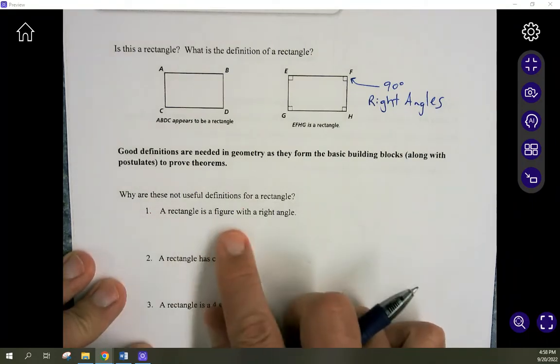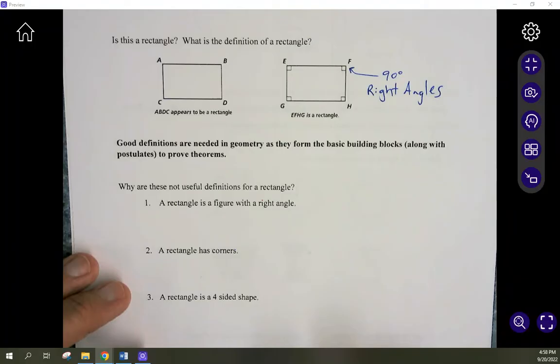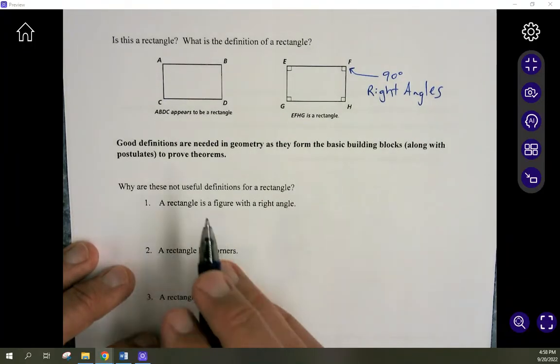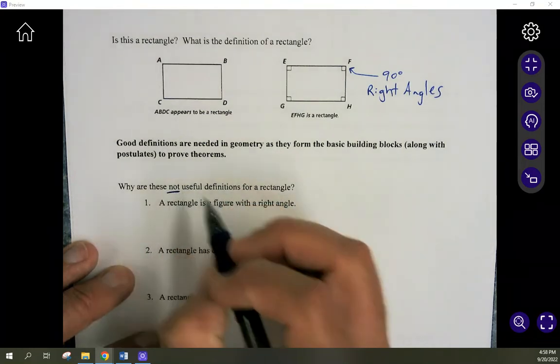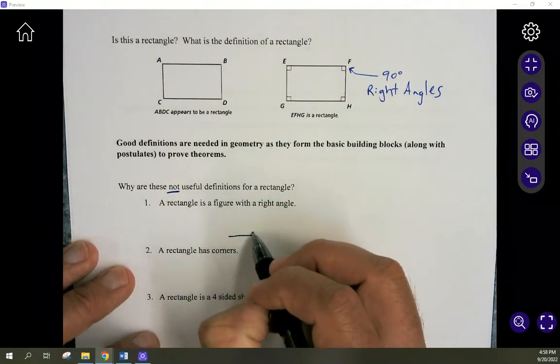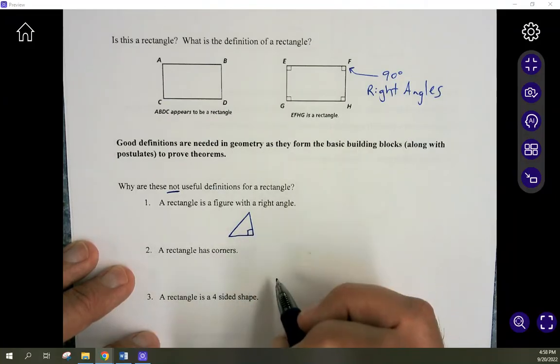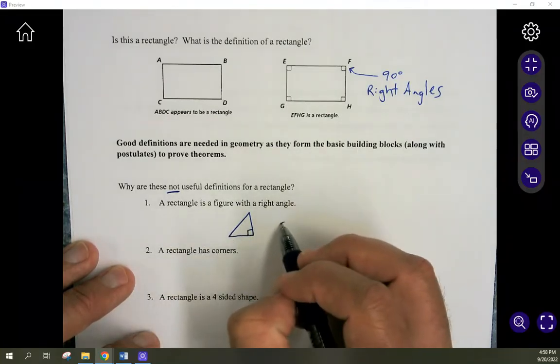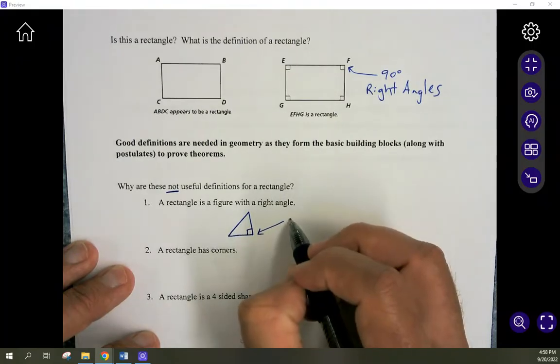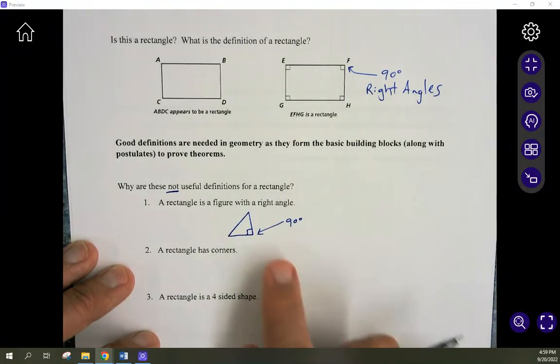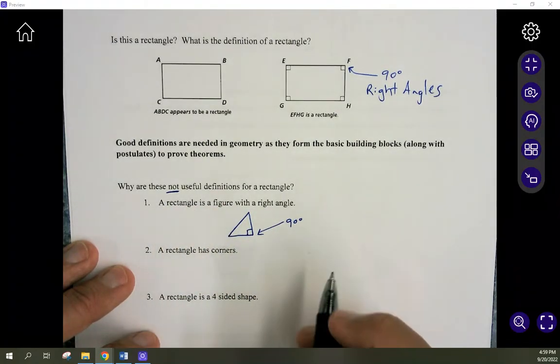So number one, a rectangle is a figure with a right angle. Why is that not a useful definition? Well, because I can draw another shape that clearly is not a rectangle that has a right angle. So I've just given a great counterexample to show why this is not useful.